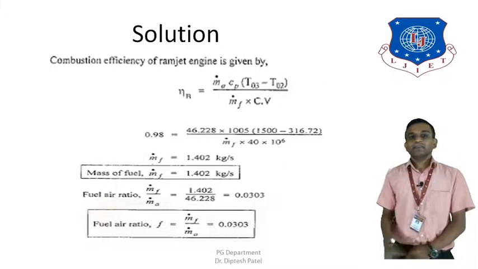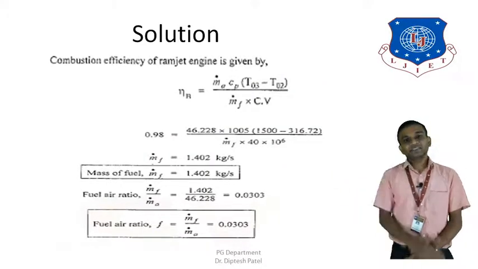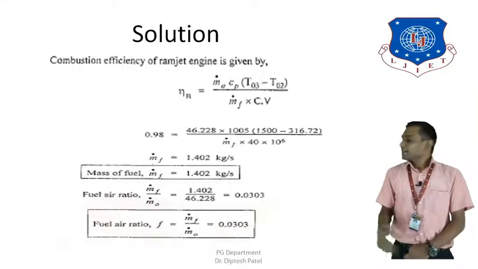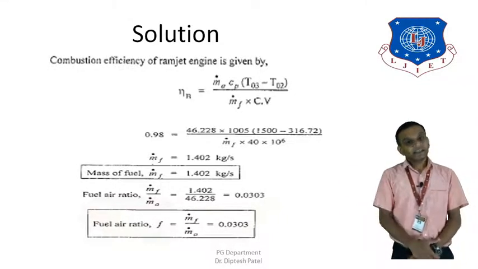Then the combustion efficiency of the ramjet engine, that is given to us, efficiency of combustion chamber, eta R. So the equation is m_a Cp (T03 minus T02) divided by m_f into Cv. Combustion efficiency is 0.98, that is given to us.